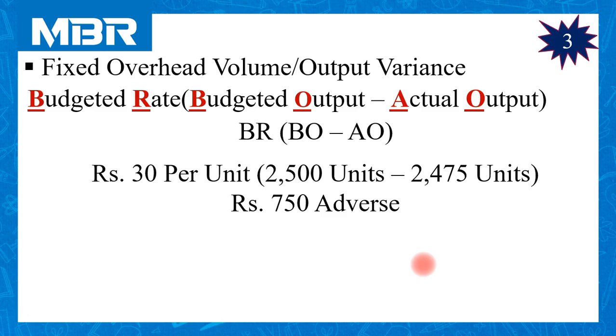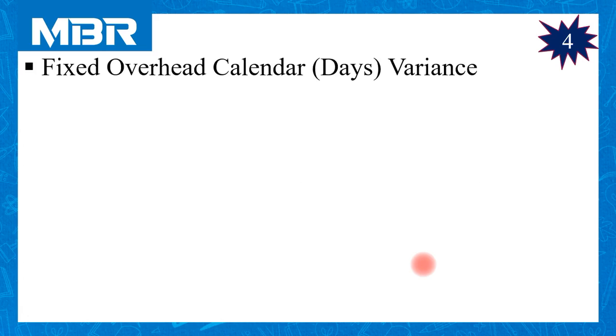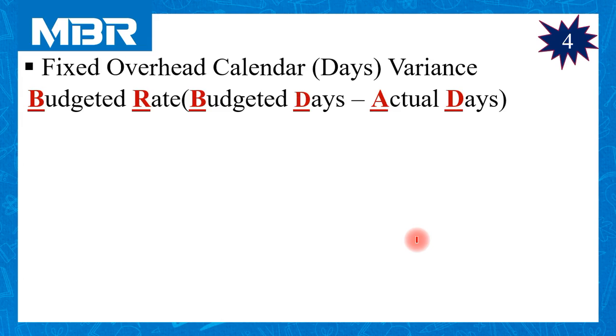After calculation of the third, let us enter into the fourth variance, fixed overhead calendar variance. For your easy reference, I have mentioned in the bracket that the calculation is based on the number of days. So use the formula budgeted rate into bracket budgeted days minus actual days.